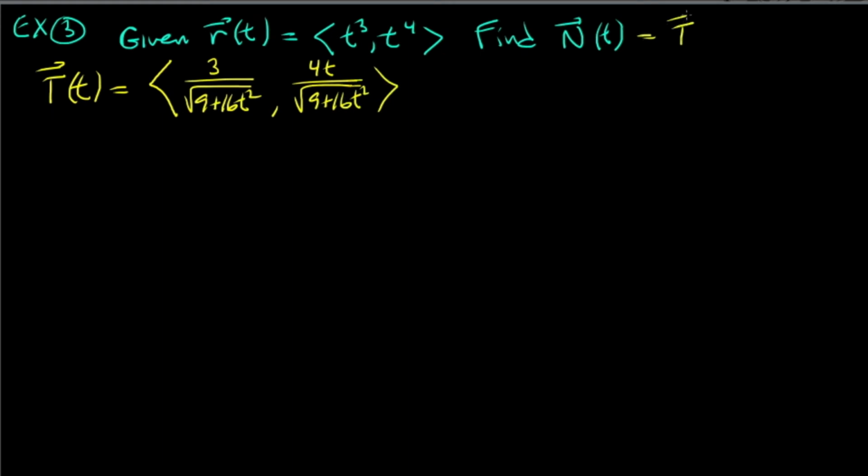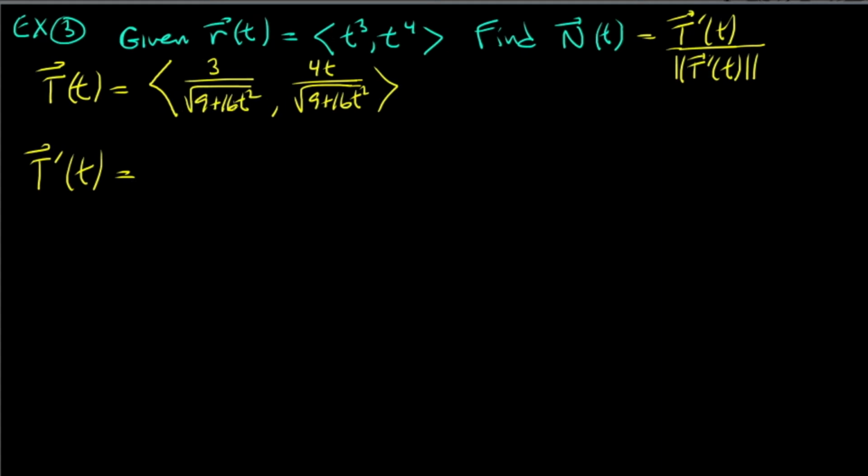Well, now we have to take the derivative of that, and then its magnitude as well. So you can see this is not very pleasant, but let's do it anyways. Let's take the derivative, and that just means you take the derivative of each component separately. You can use the quotient rule or the chain rule.